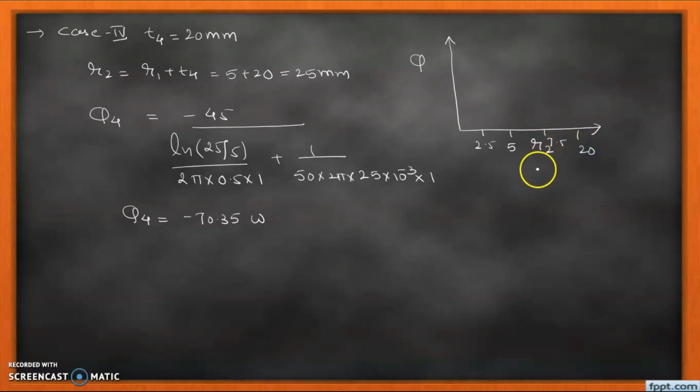So according to that, R varies, and here we get this kind of curve, and this is the RC, which is over R2, that is 5 millimeter. So we get this kind of curve, which also matches the critical thickness of insulation.